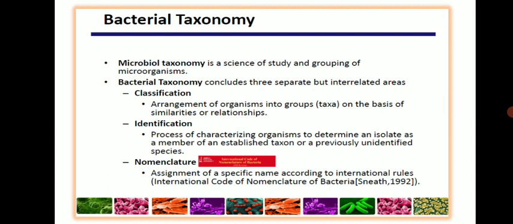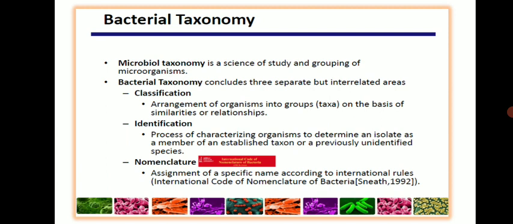In identification, we identify a particular bacterium or microorganism, using the techniques used for identification of microbes. It is a process of characterizing an organism to determine and isolate it as a member of an established taxon or a previously unidentified species.